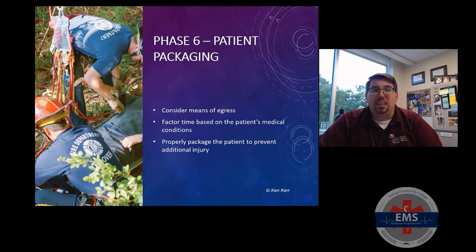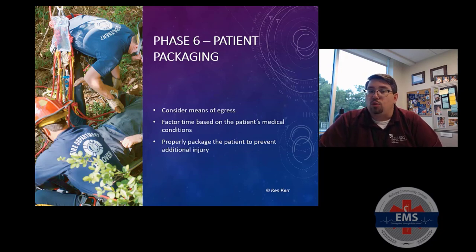Again, recognize that we may have to try to package a patient appropriately when they need expedited transport, but we have to recognize packaging is very important for safely transporting. And then properly package the patient to prevent any additional injuries during their actual extraction. This could include the use of a Stokes basket or a rescue basket.